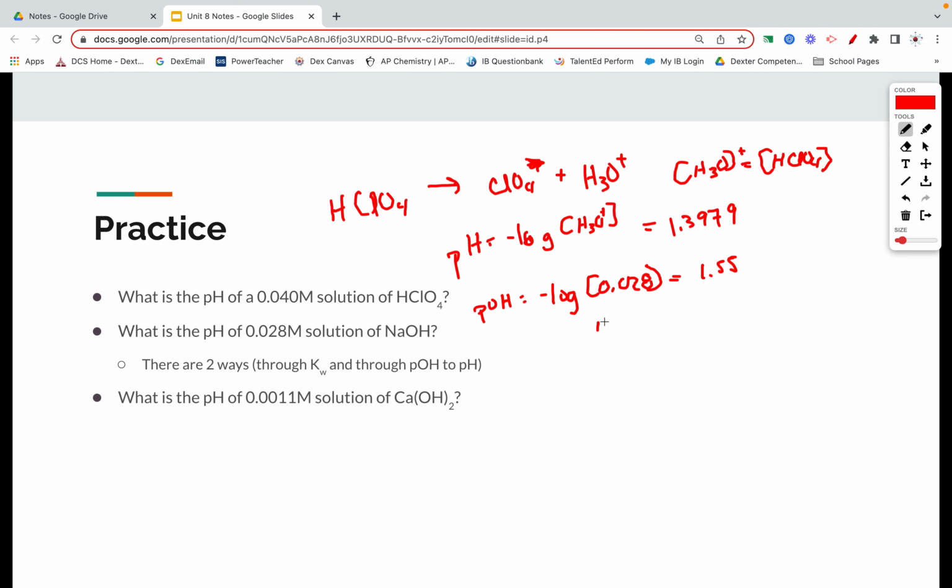And then we can say 14 minus 1.55 is equal to 12.45. Okay, so that's our first way, because we know pH plus pOH is equal to 14.